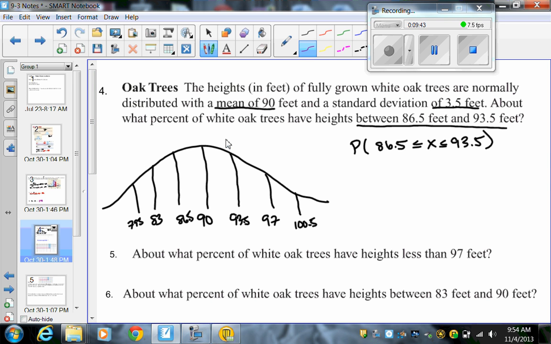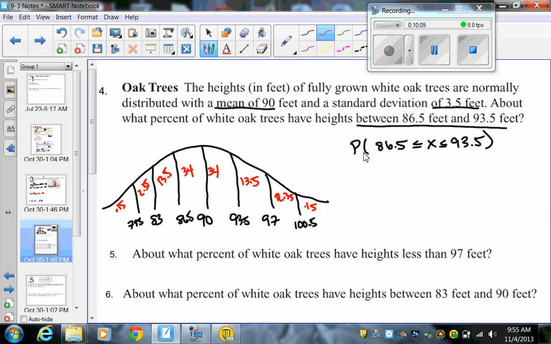So next thing I'm going to do, just for memory, is put in our percentages. So I know this is 0.15, 2.35, 13.5, 34, 34, 13.5, 2.35, and 0.15.